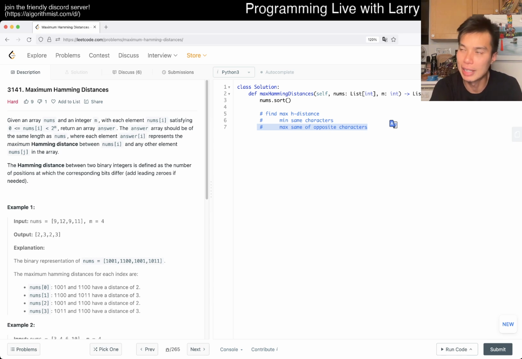Basically the idea is that if one node is going to be 17 distance away, and 17 distance is literally going through all the 2 to the 17 nodes, then that's going to be really bad, obviously, right?